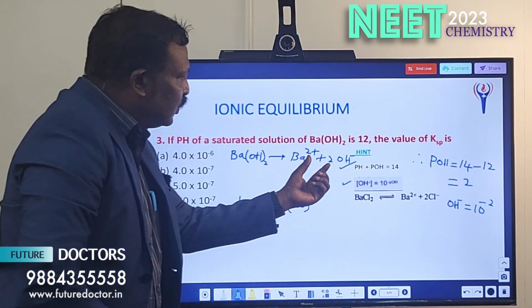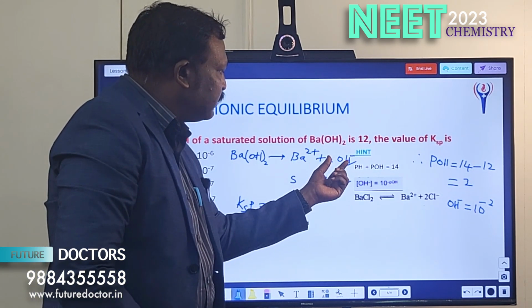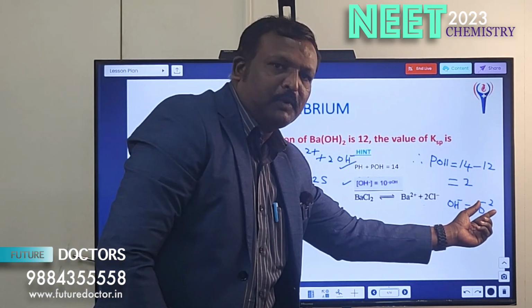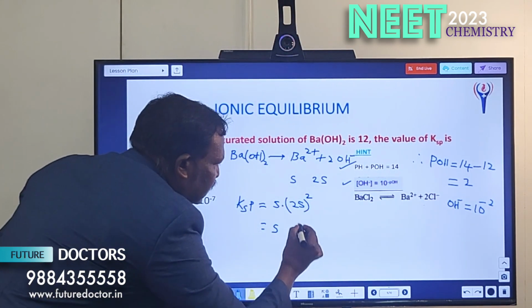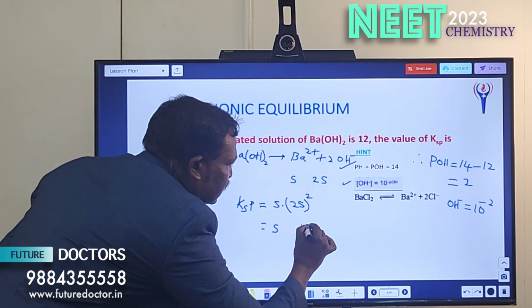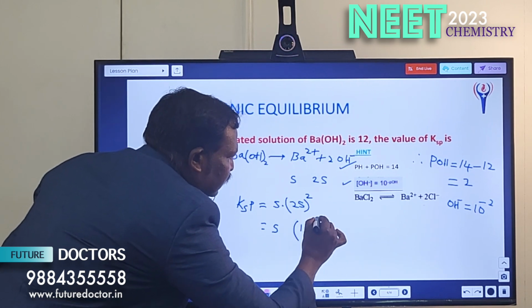Here the concentration of 2 times OH minus ion is equal to 10 power minus 2. You just substitute 10 power minus 2 in this place, with the whole square.